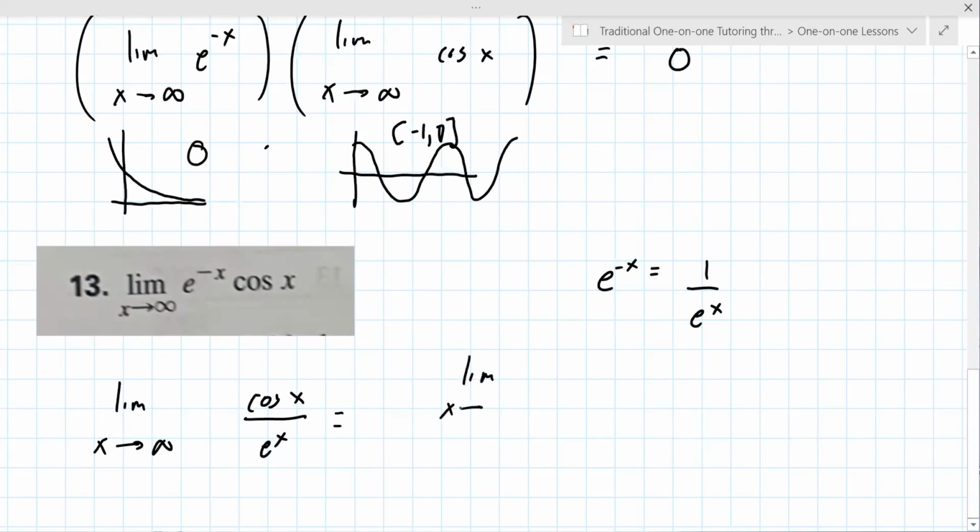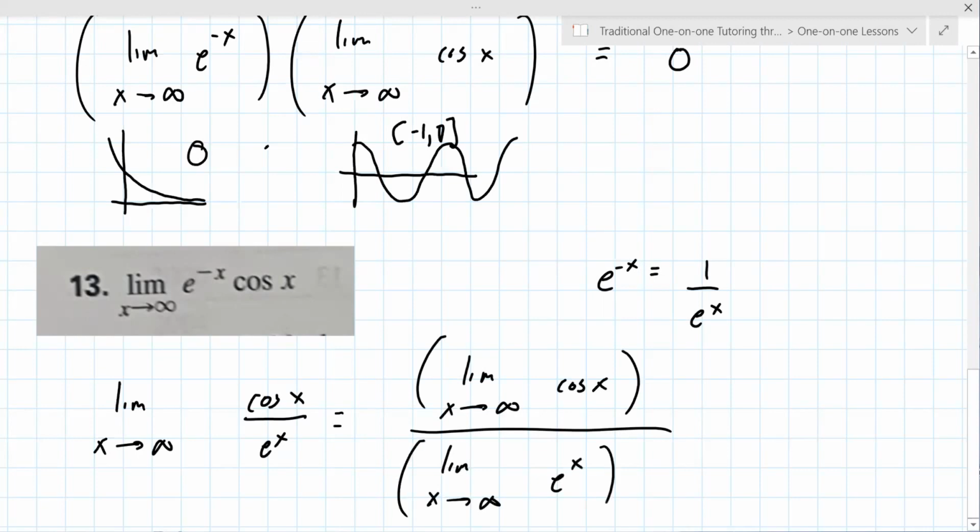You do the limit as x goes to infinity cosine x, limit as x goes to infinity e to the x. So either one works. And then you get the same problem. This is bounded from -1 to 1, and this goes to infinity. So it's a number over infinity, which is 0.